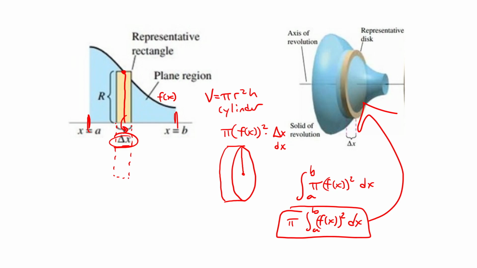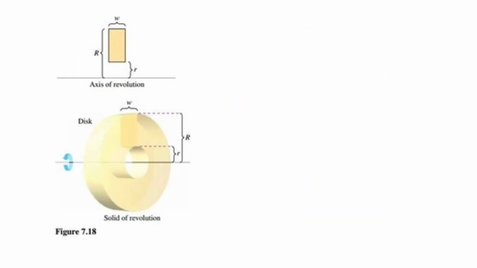Okay, we can build off of this. This would be for just rotating an area between a function and the x-axis, but we can build off of this to rotate between any two functions. If we're trying to find the area between them and rotate that around, again, we get some kind of donut shape. So again, we'll think about some representative rectangles.